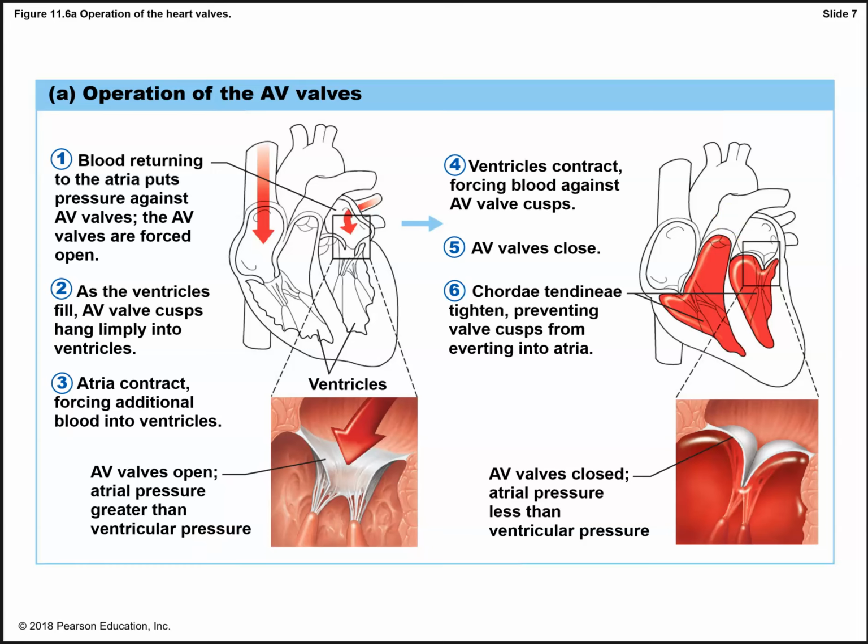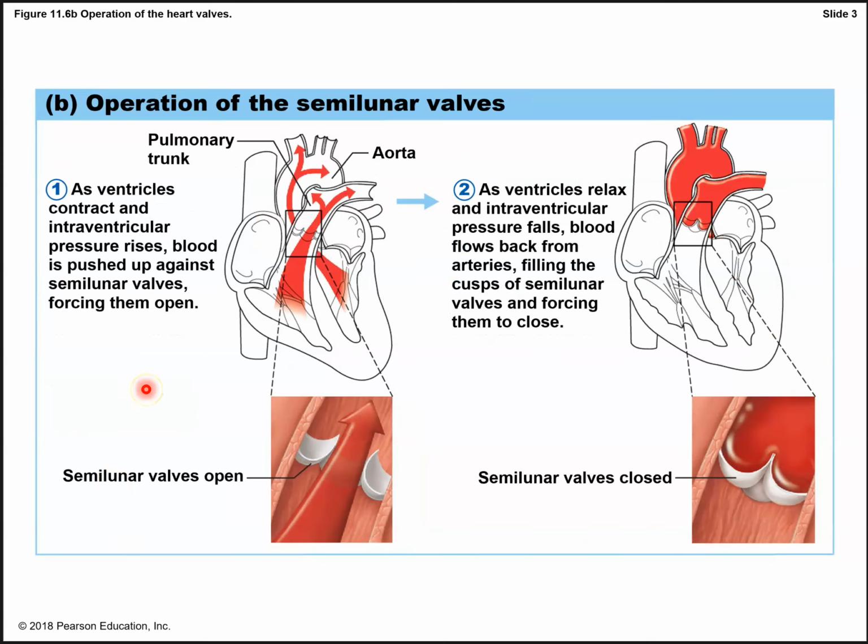Okay, so the next picture shows the operation of semilunar valves. The semilunar valves open up when the ventricles contract and the pressure in the ventricles rises, and the blood is pushed up the semilunar valve into the pulmonary trunk and the aorta.